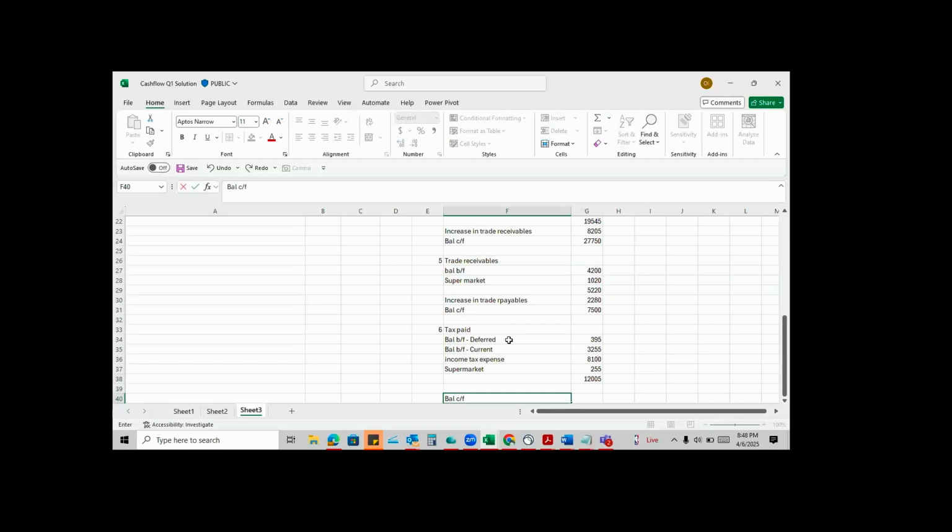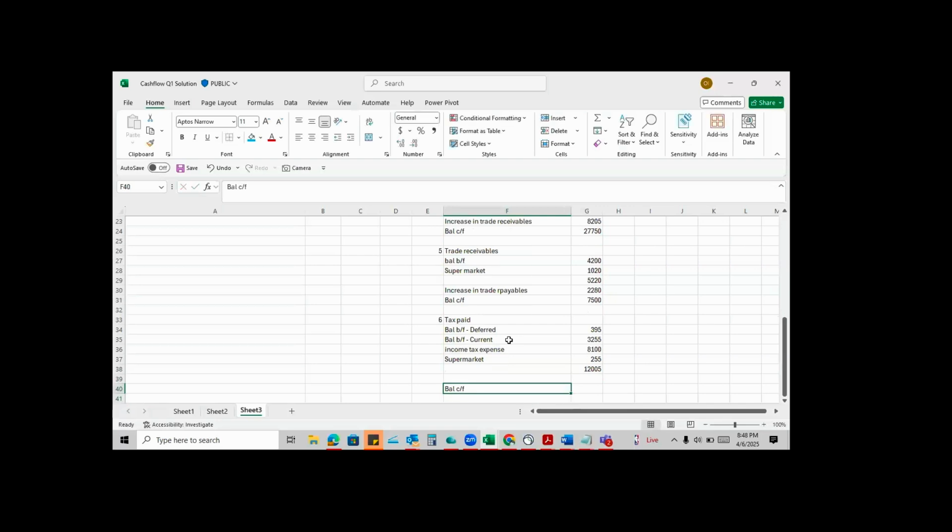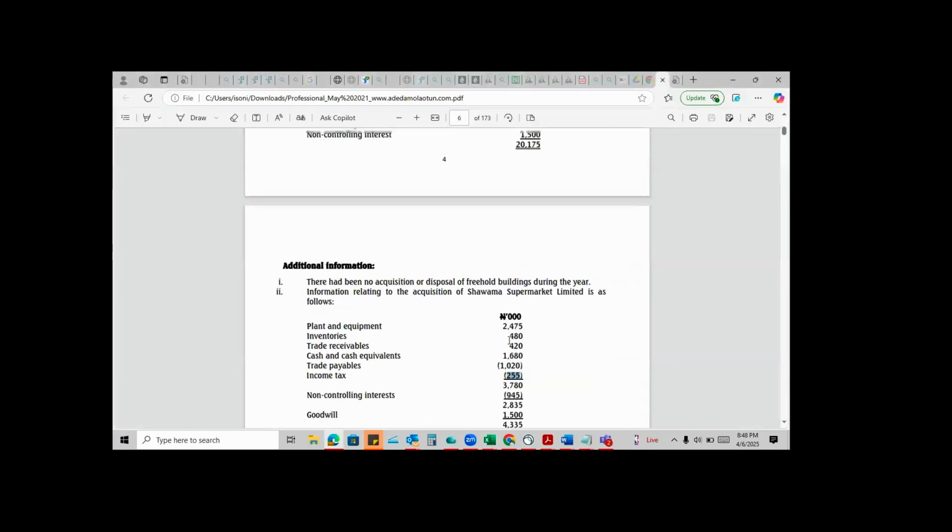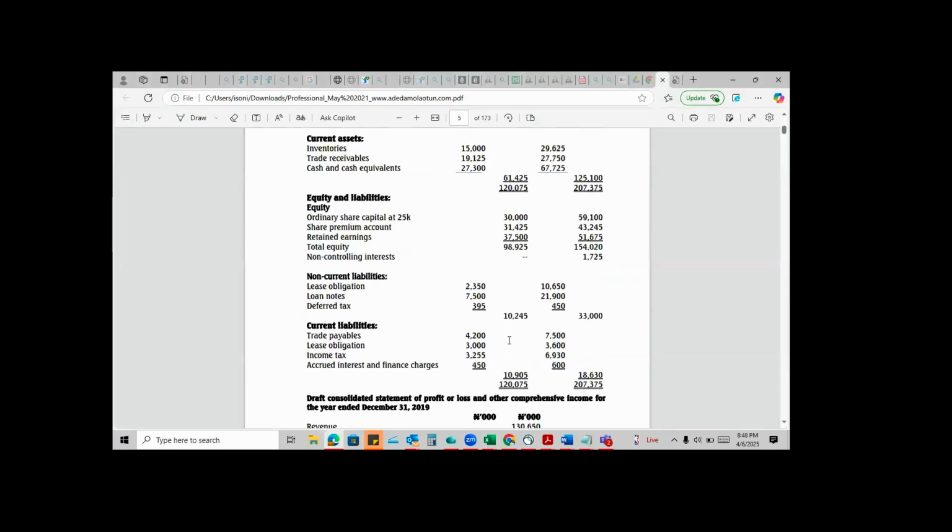Balance carried forward. Now I'm going to be looking at two lines. Don't forget, there is the deferred and there is also the current. Deferred is 450. Current is how much? 6,930.